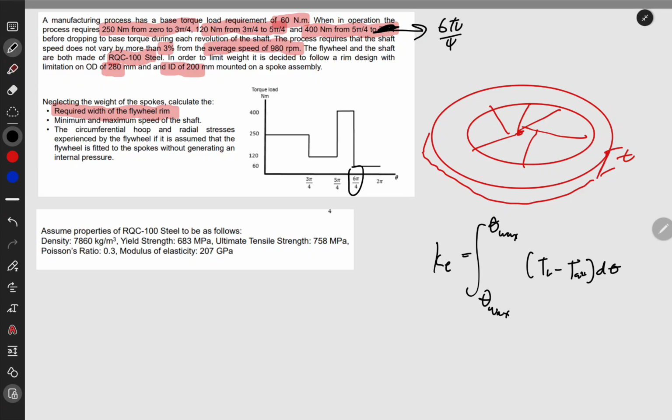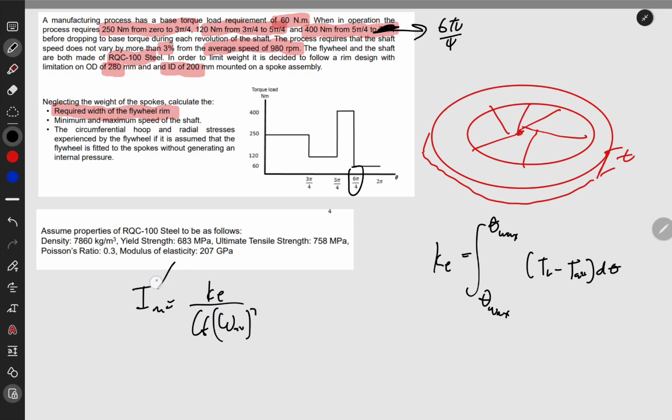What else do we know that is useful? Our moment of inertia is going to be KE, the KE we got there, all over the coefficient of fluctuation and omega average all squared.